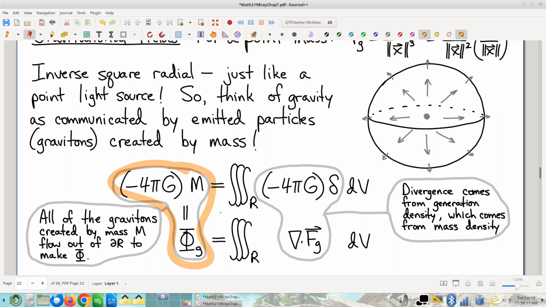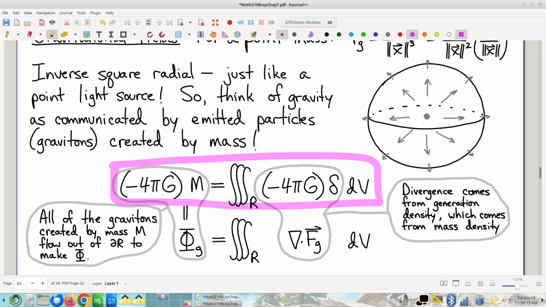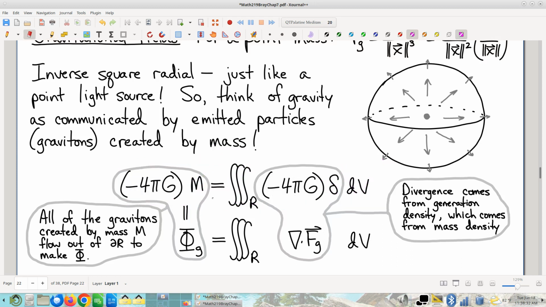Well, let's look at this equation across the top here. Hardly anything happened in this equation. This constant here kind of comes along for the ride. Basically, all we're saying here is mass is an integral of density. Of course it is. That's old news, ancient history old news. Now let's look across the bottom. What's going on across the bottom? I've just literally recopied Gauss's divergence theorem. Nothing more.